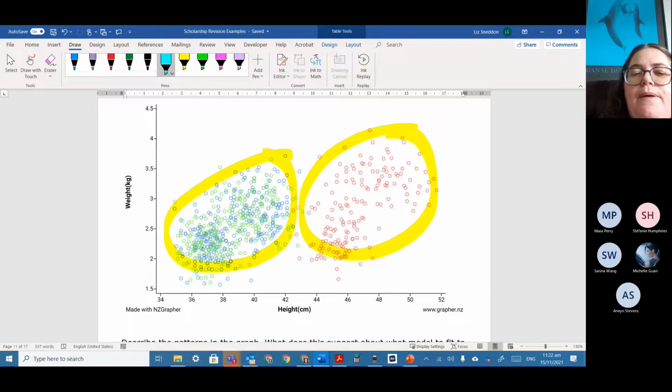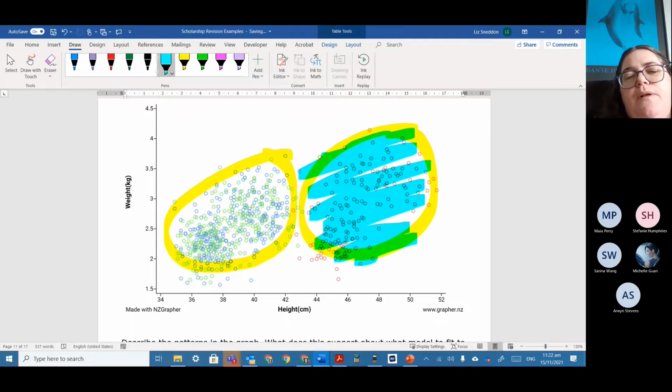My argument would be, because I've got these two groups here, I want to pull out those great spotted kiwis and draw a separate graph just with those great spotted kiwis.